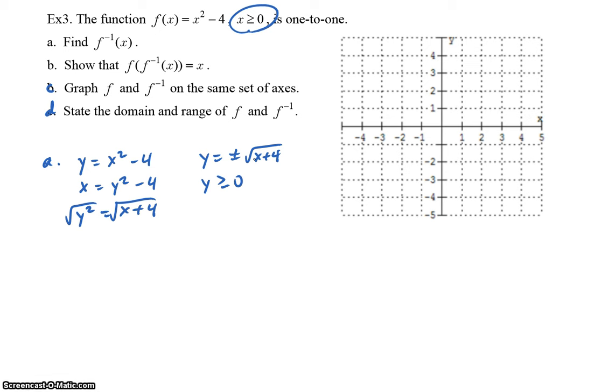Therefore, we take the positive sign, and our inverse function, using the inverse notation now, is the positive square root of x plus 4. So that concludes part A, and now we have the inverse function for our given function f.